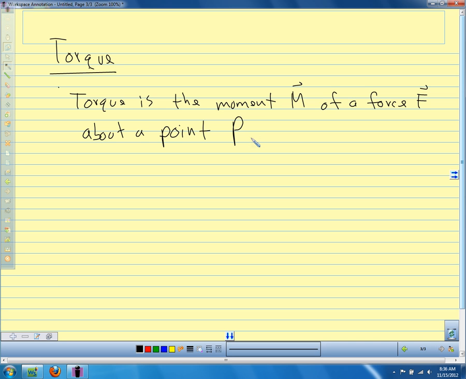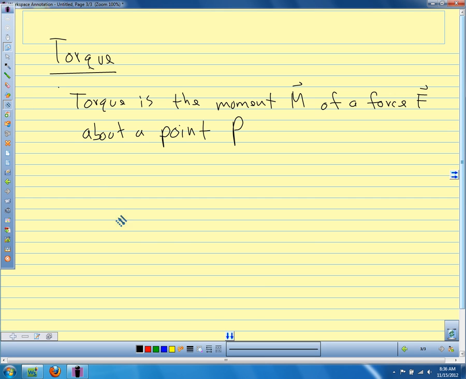And remember that we said that a moment is a quantity that's weighted by its distance from a point or from an axis. So we're weighting the force by its distance from this point. So let me draw a picture, and we will come up with an expression for our torque.